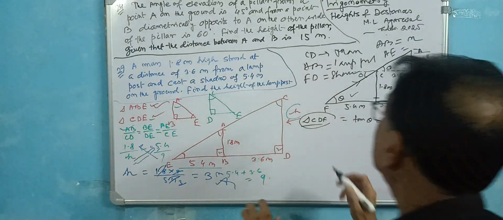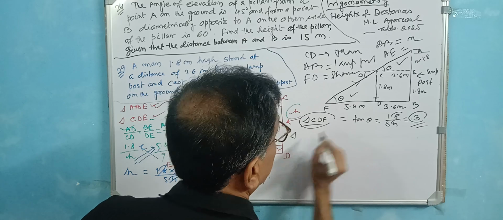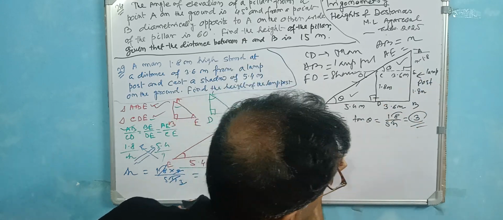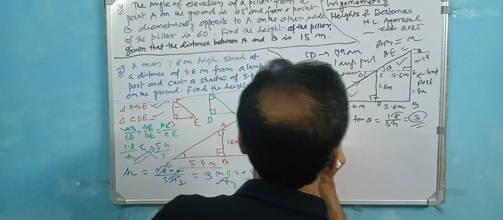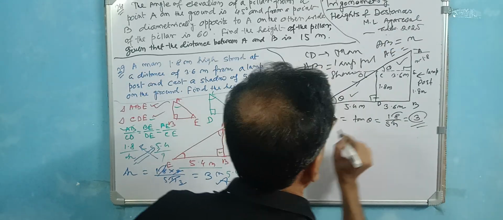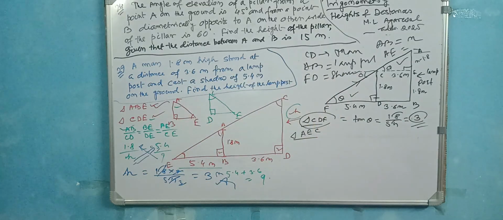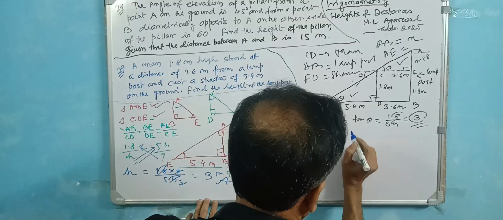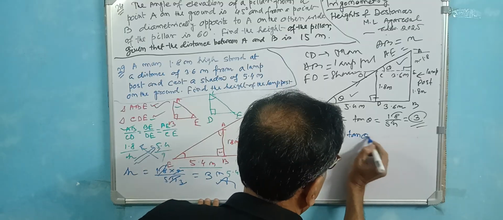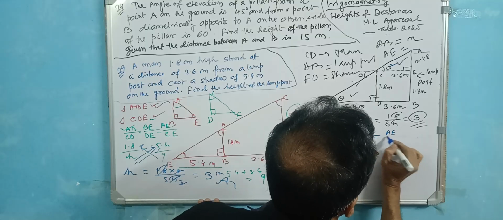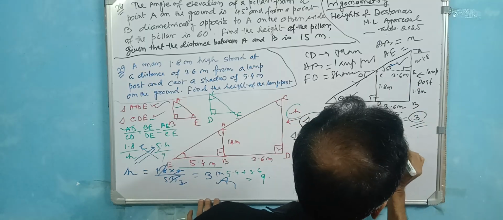Now here is a triangle. Right angle triangle must be, this is 90. This is 90. So triangle, this is AEC. In that triangle, AC. This is also tan theta. So you just write this tan theta, this tan theta, this is AE by CE.